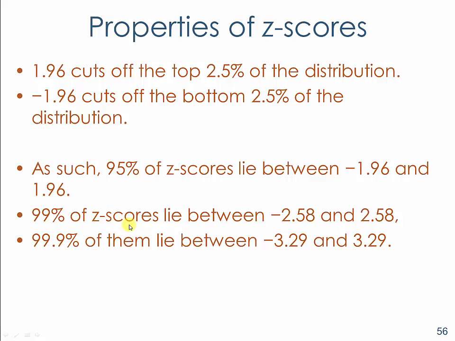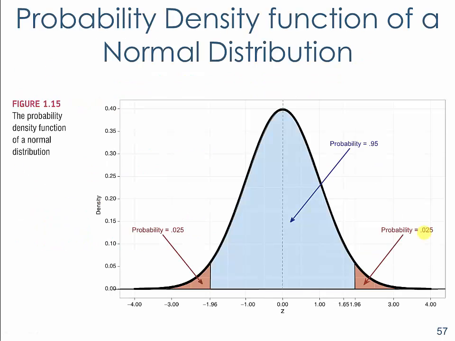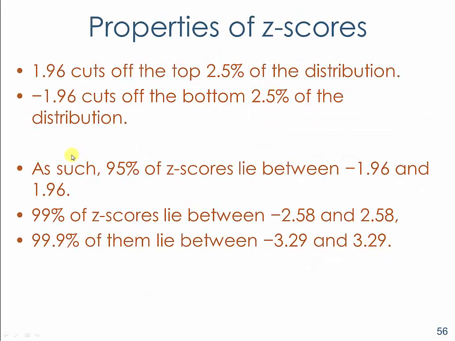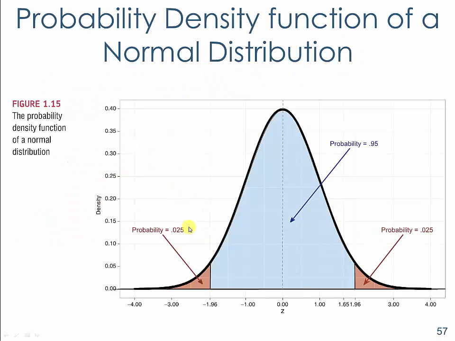And about 99% of the z-scores lie between negative 2.58 and positive 2.58 standard deviations, and 99.9% of them lie in between negative 3.29 and positive 3.29 standard deviations. And here we can see one of the depictions that we were talking about here. 95% of the scores lie between negative 1.96 z and positive 1.96 z value.